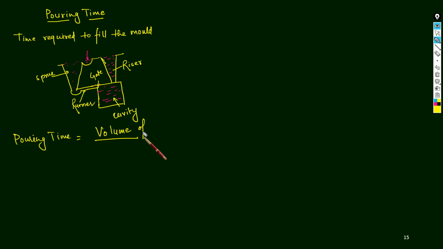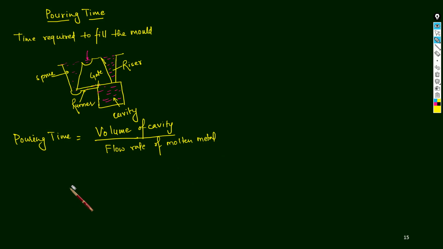Volume of cavity divided by, see, what is the rate of flow of molten metal entering inside the cavity. If flow rate is known, that means how much volume of metal is entering every second inside this cavity. If we know that, then we can calculate the time required to fill this volume, isn't it? And that term is known as flow rate. So we can say flow rate of molten metal.